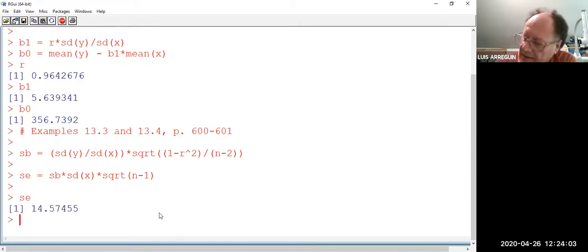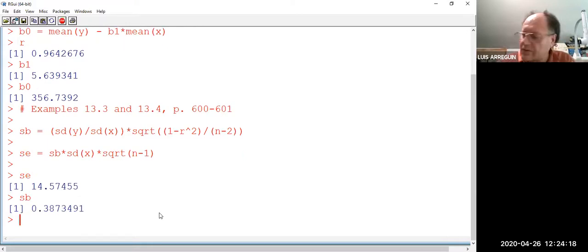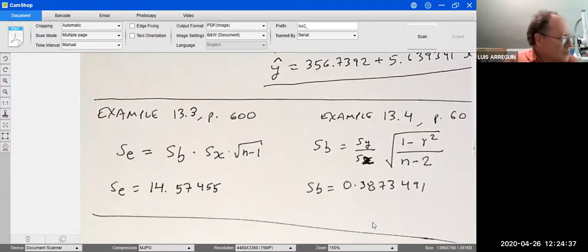So we find that SE is 14.5755, and for the other example 13.4 we need to call SB, so that is 0.387391. So that's the solution for these two problems at once. So I'm writing here the solutions.